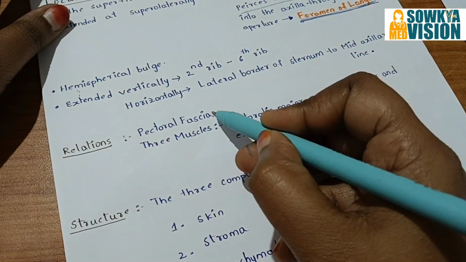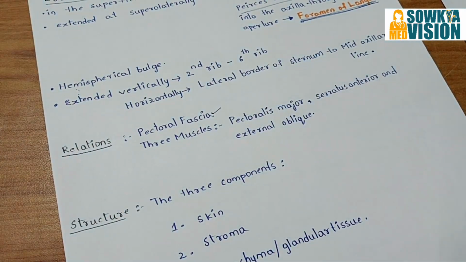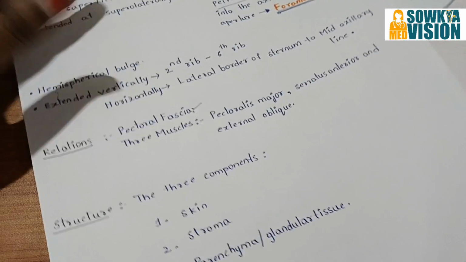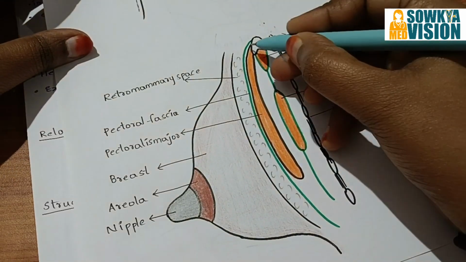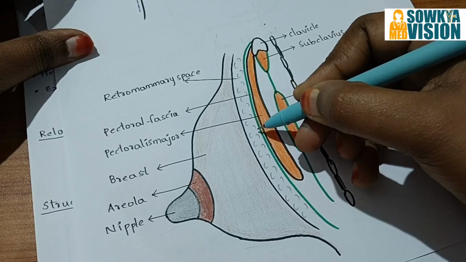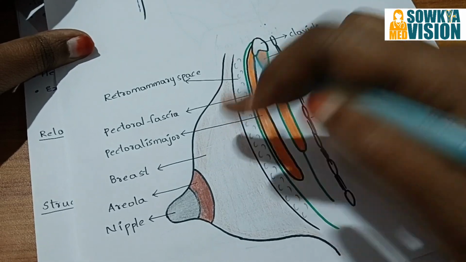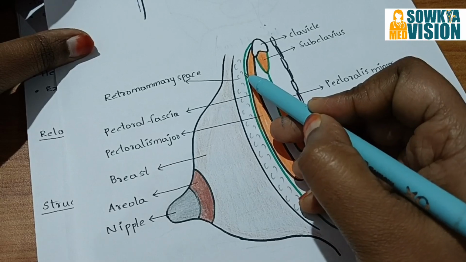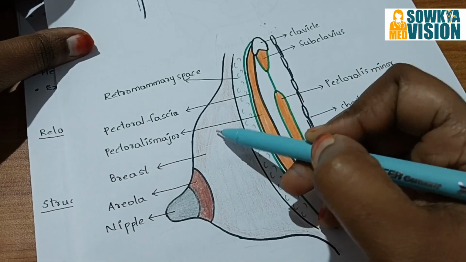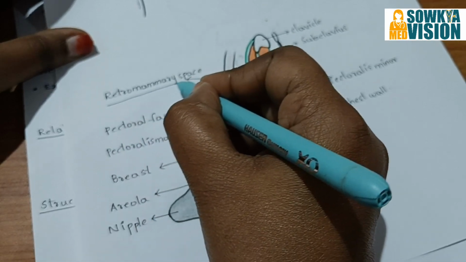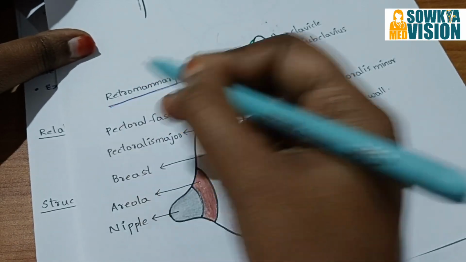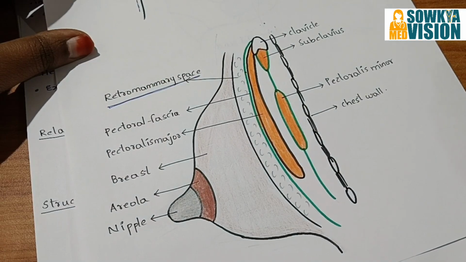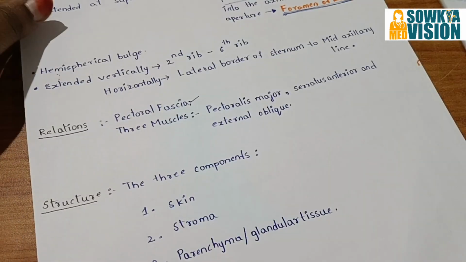And now let's see the relations of the breast. It is related to the pectoral fascia. See, this green line is the pectoral fascia and this is the breast. This pectoral fascia is separated from the breast by a retromammary space, the space present between the pectoral fascia and the mammary gland.